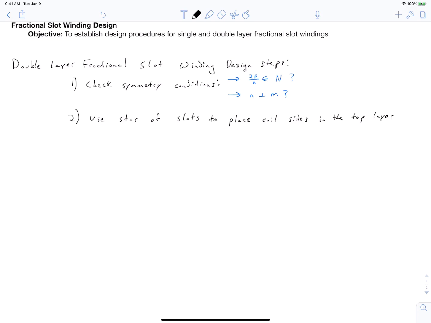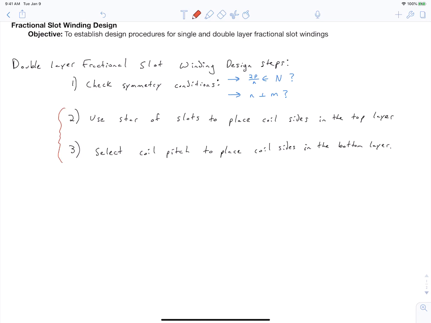Our second step is that we will use the star of slots to place coil sides in the top layer. This is identical to the double layer winding design procedure. And our third step is that we will determine the pitch or the span of our coils in order to determine where the coil sides of the bottom layer should be placed.